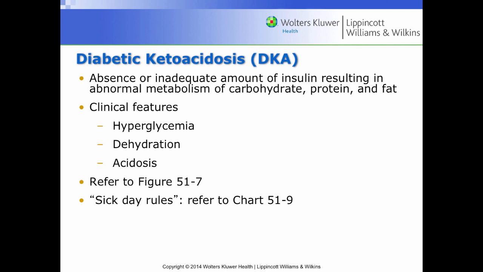Diabetic ketoacidosis, as I mentioned earlier, is an acute complication of type 1 diabetes, or any diabetic who cannot produce their own insulin. In the absence of endogenous insulin, you end up with hyperglycemia, but also accelerated fat breakdown. When your body breaks down fat in this way, you end up in what's called a ketosis state.